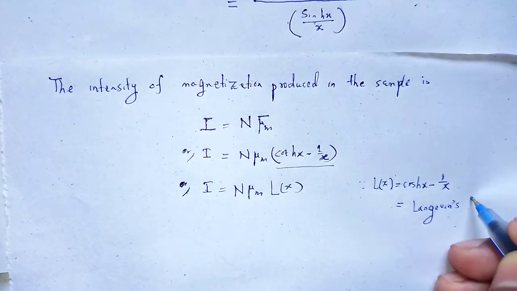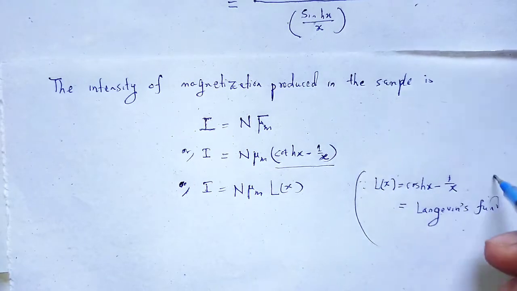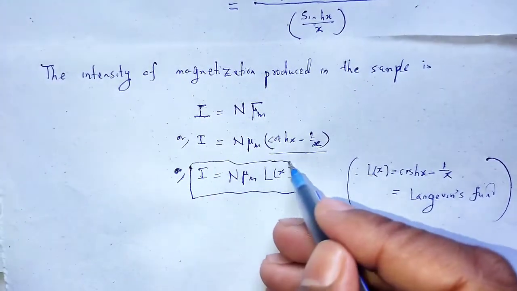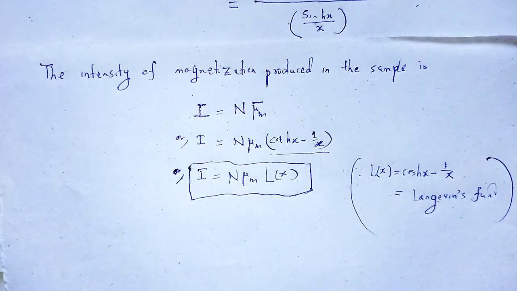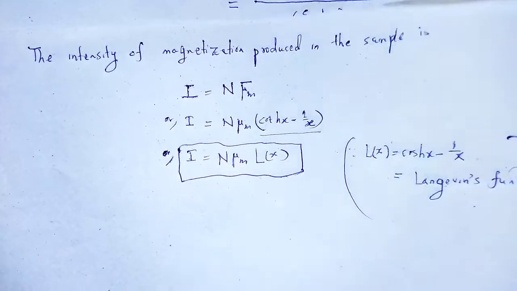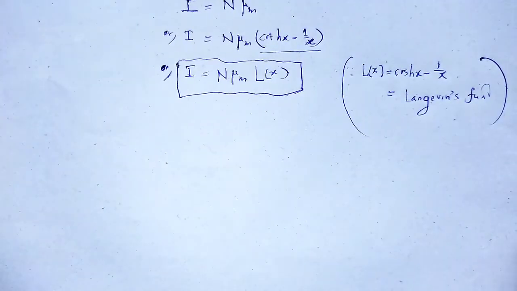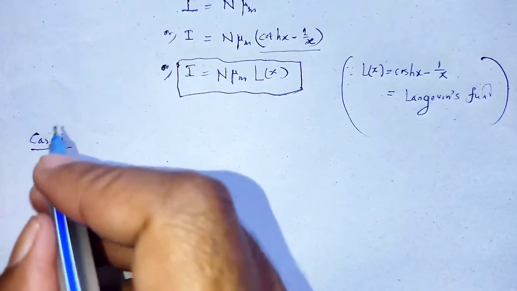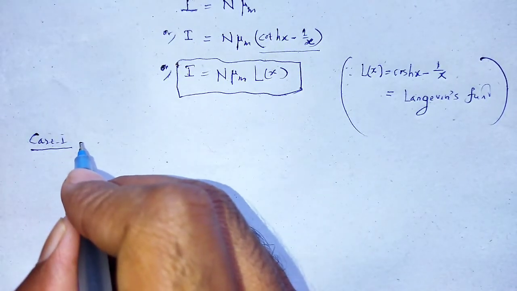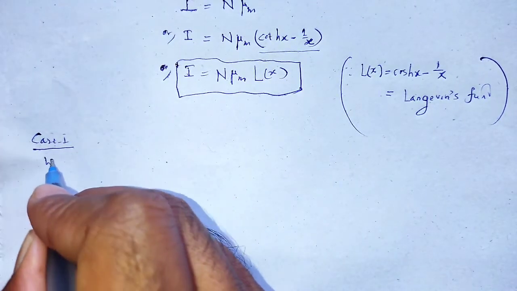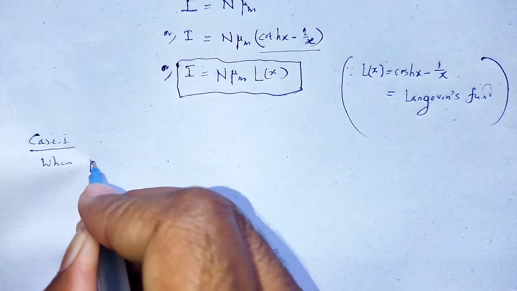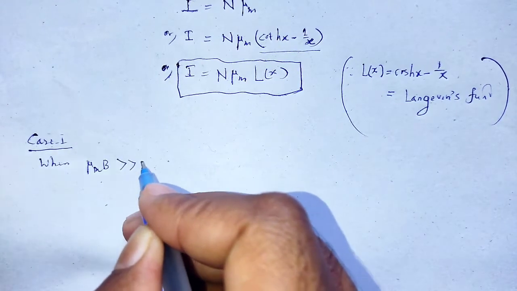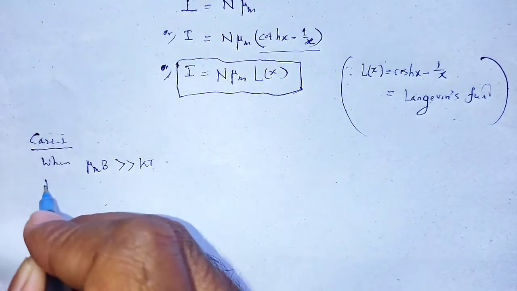Langevin function, intensity of magnetization. Two cases we have to discuss. Case number 1, when mu m into b is very much greater than kt.